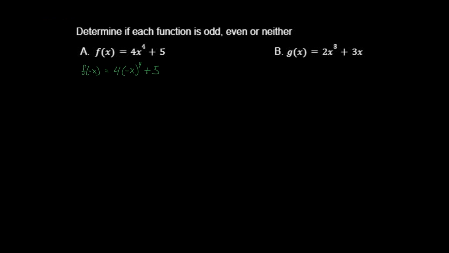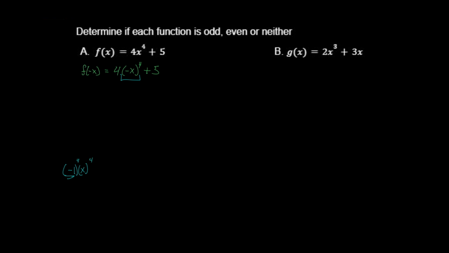To simplify this, I have to start by dealing with the exponents. If I raise negative x to the 4th power, essentially the coefficient with x would be negative 1, and we have x. We have to raise both of those to the 4th power.